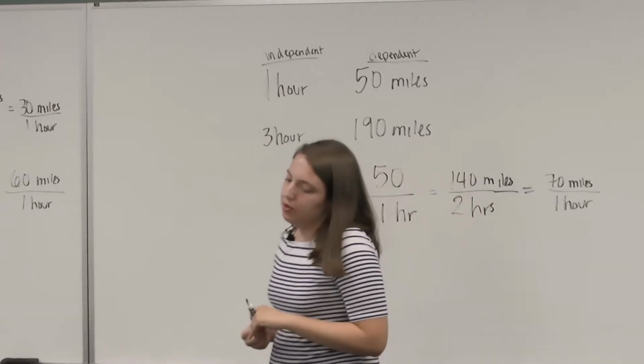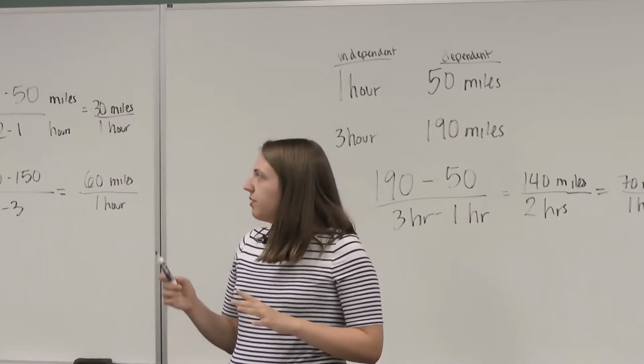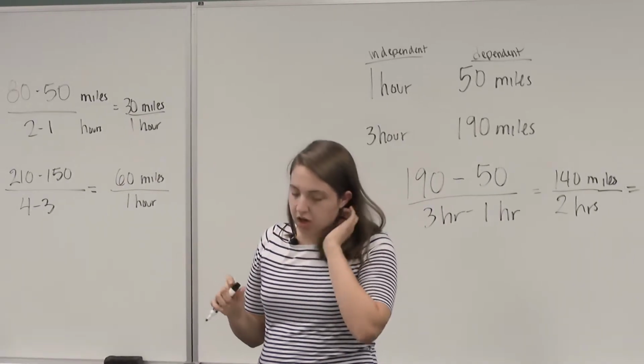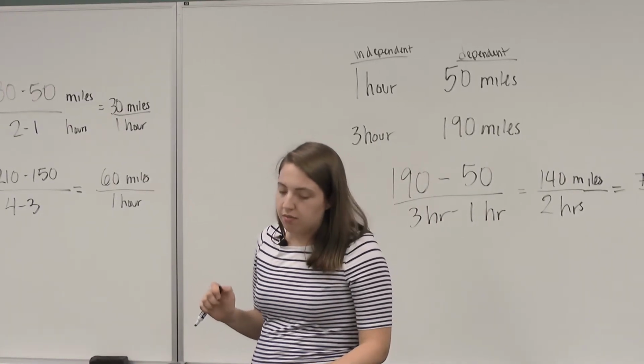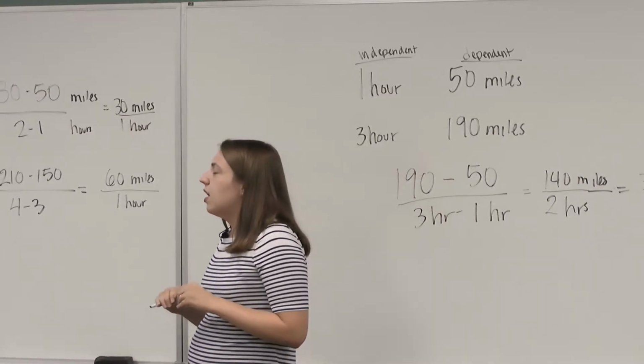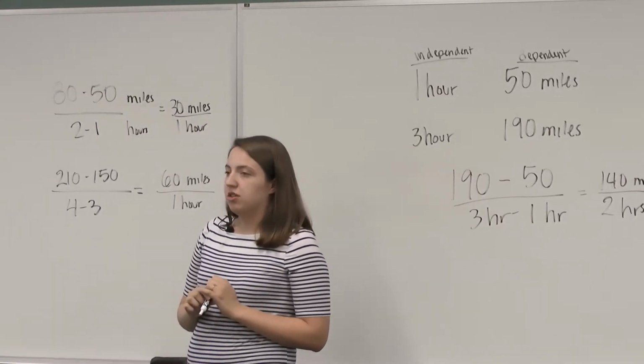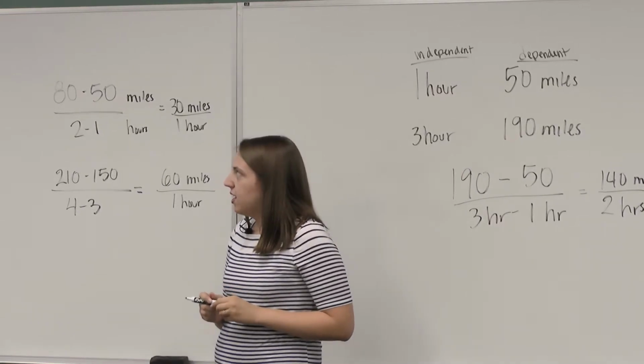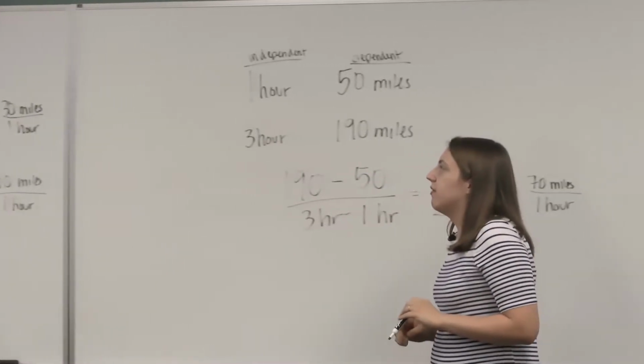Okay, so let's look at this same kind of setup in terms of linear equations. When we have a linear equation, we call our rate of change slope. And we can use what we have just done with rate of change to find a slope when we're given a linear equation.